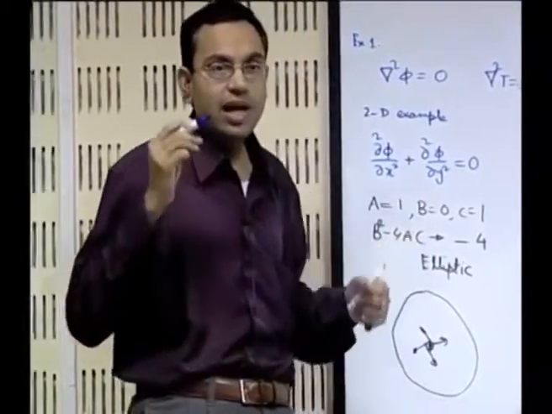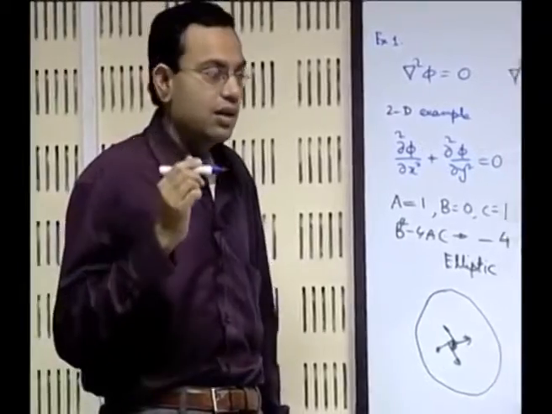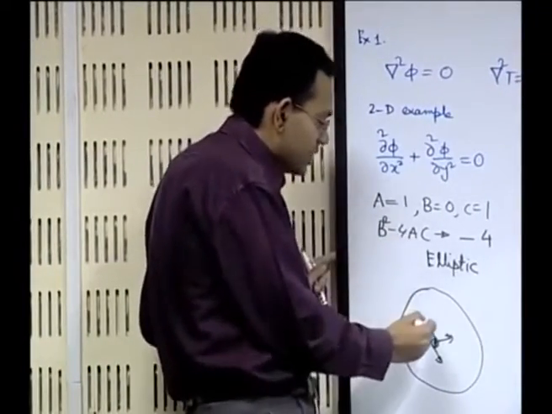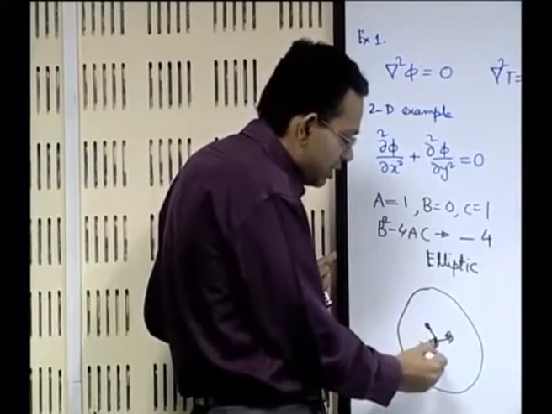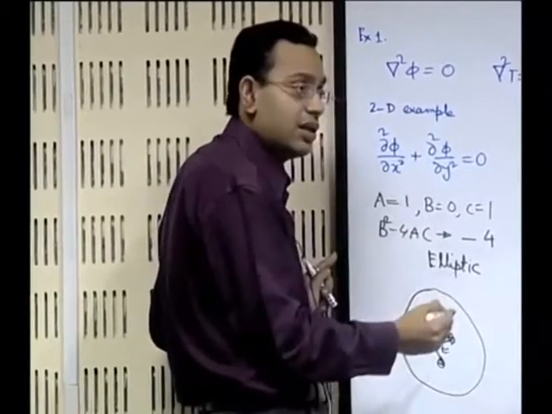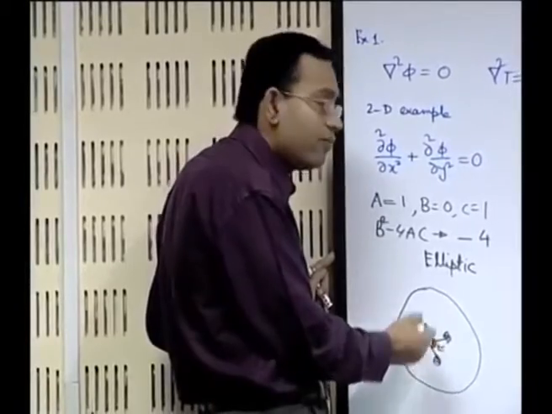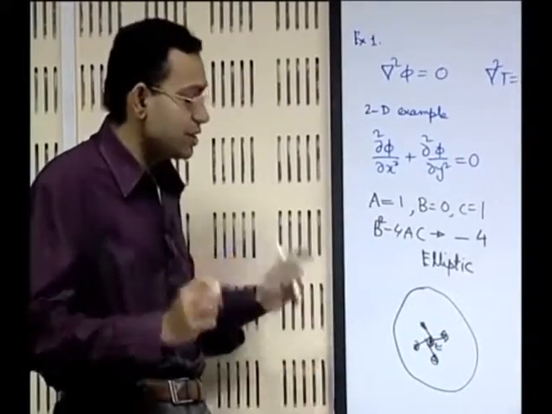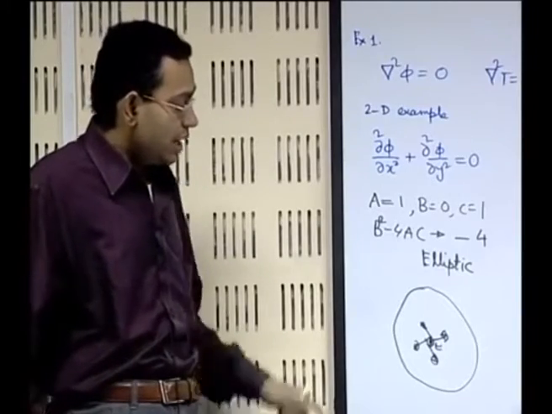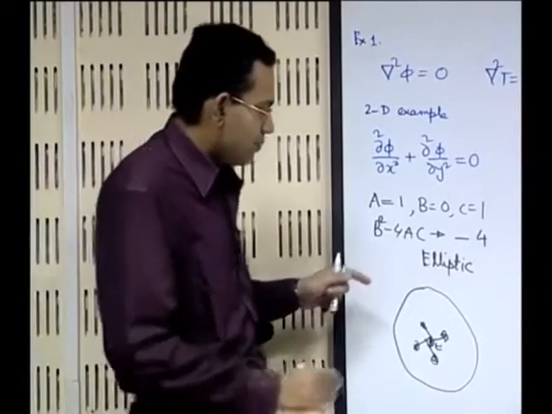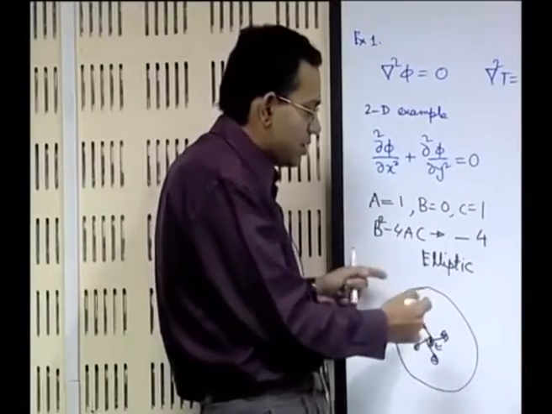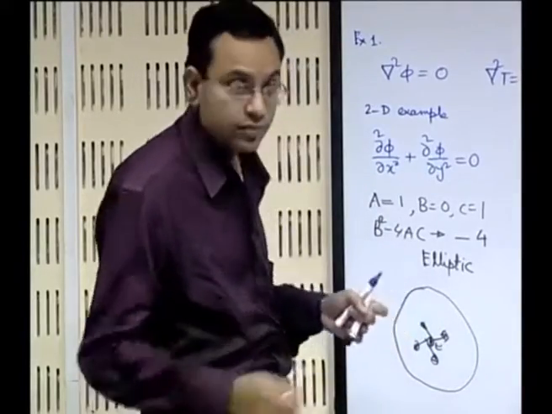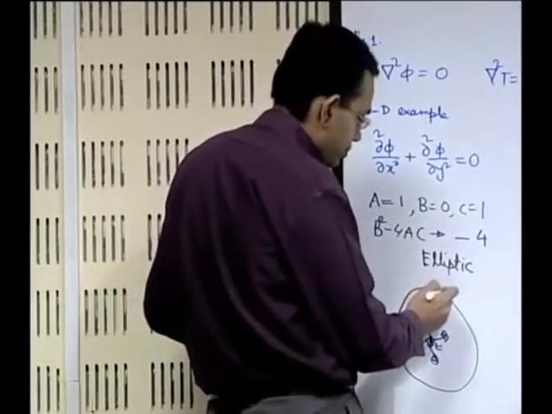So if you are writing a numerical system of equations where you have some neighboring points and a point under concern, then the point under concern should be influenced by all the neighbors. There is no exception to that. The other important thing is that for this elliptic type of problems you have to specify boundary conditions over the entire part of the domain.